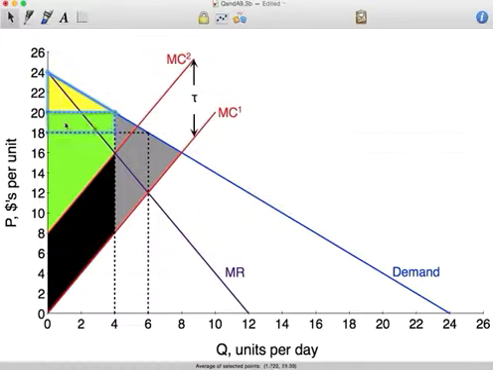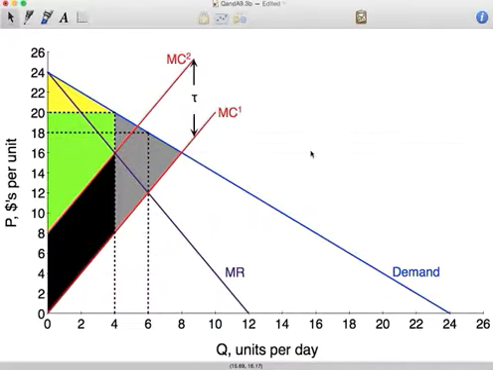The consumer surplus used to be all 3 of those areas. After the imposition of the tax, consumer surplus is just that. The areas that were lost, a portion here was converted to producer surplus, and a portion is just deadweight loss. It's consumer surplus that used to exist but no longer exists anymore.